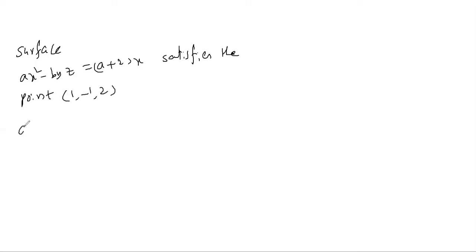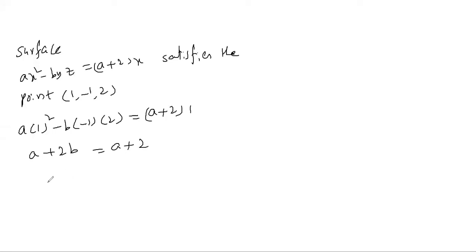Okay, so now a into 1 square minus b into minus 1 into 2 is equal to a plus 2 into x value 1. So what you got: a plus 2b is equal to a plus 2. Now this a gets subtracted. What you got, 2b equal to 2, b equal to 1. So you got b equal to 1.